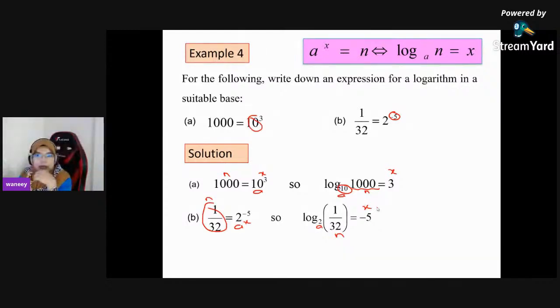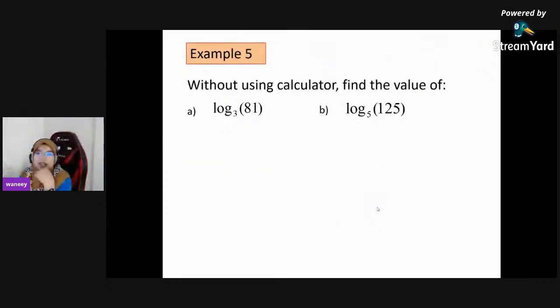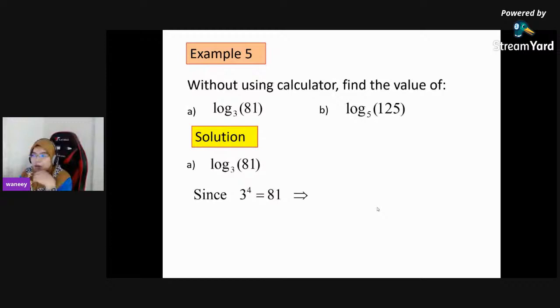Okay, next. Without using a calculator, find the value of log to the base of 3 of 81, and then log to the base of 5 of 125. Okay, so log base 3 of 81. So what is 81? 81 is actually 3 to the power of 4. So we can replace the 81 with 3 to the power of 4.